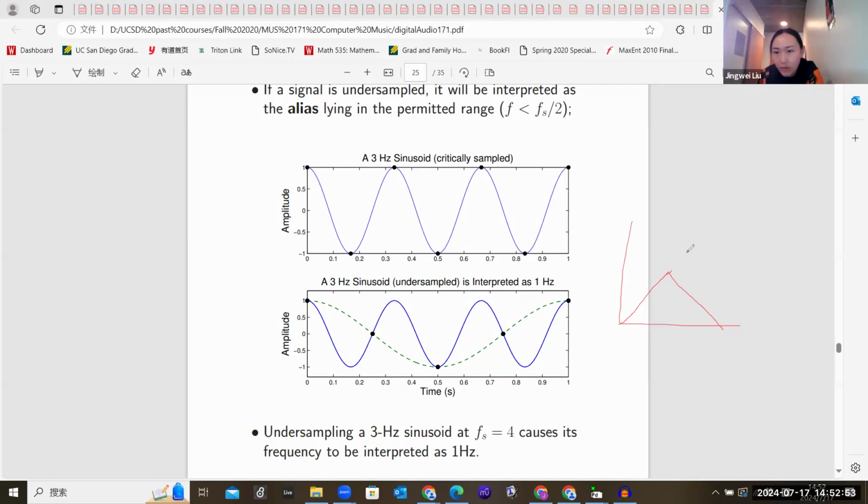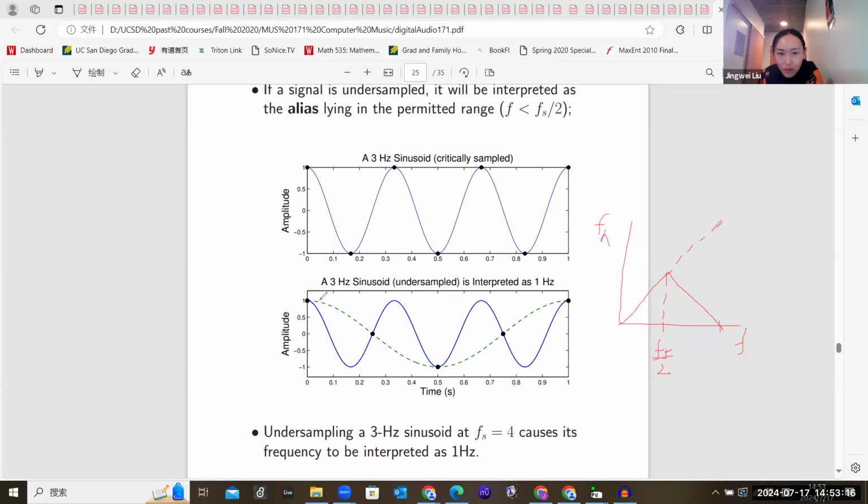In real life, it should be a diagonal line for the real frequency and the frequency you hear. But for a given sampling rate, this is the half sampling rate, Fs over 2. So this line folds over. Why does it fold over?